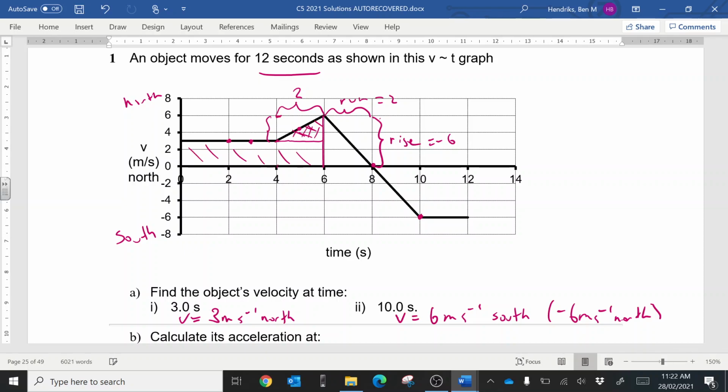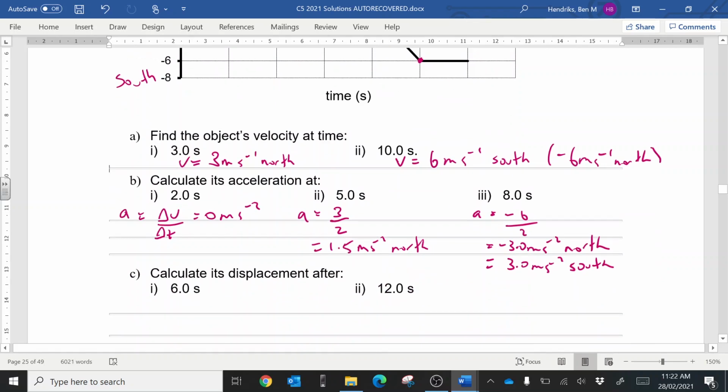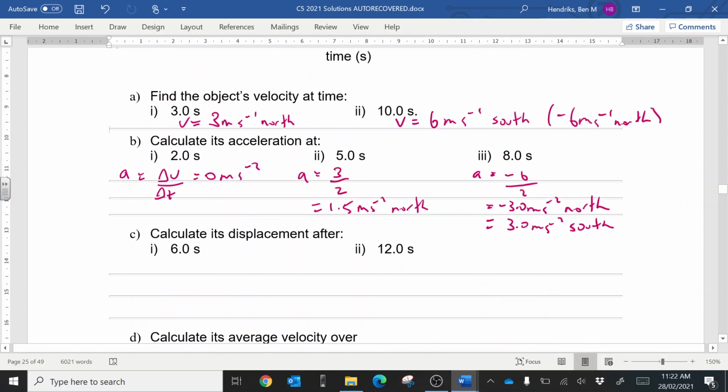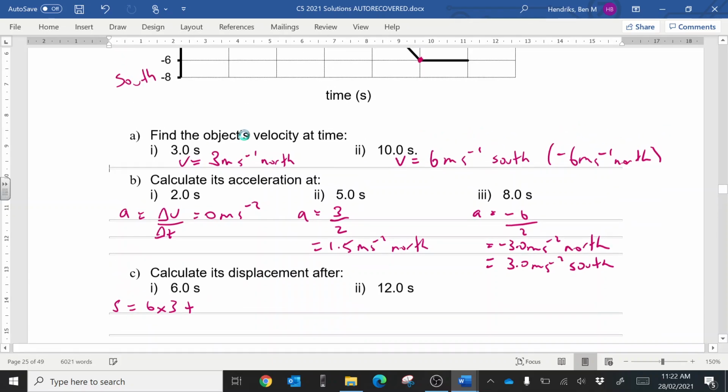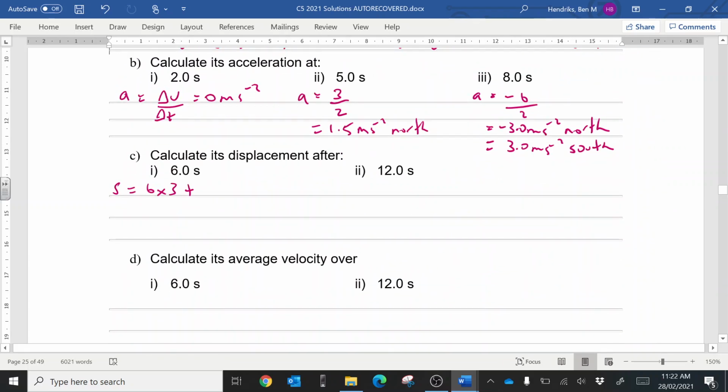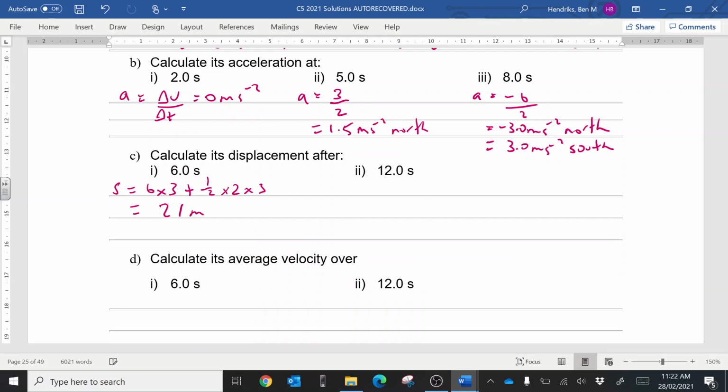The total displacement up to 6 seconds is going to be, this rectangle goes from 0 to 6 and it goes up 3. So S is equal to 6 times 3 plus the triangle, where the base is 2 and the height is 3, like we said before. So half times 2 times 3. So it's 18 plus 3, which is 21 meters north.